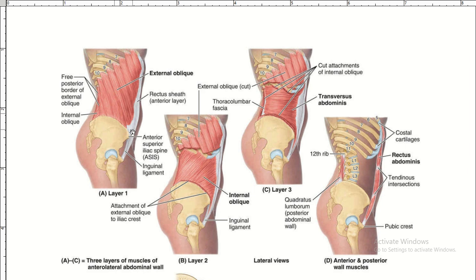You understand? Good. So, what's the nerve supply to the external oblique? If you remember in thorax anatomy, we spoke of the thoracic nerves being divided into typical and atypical.